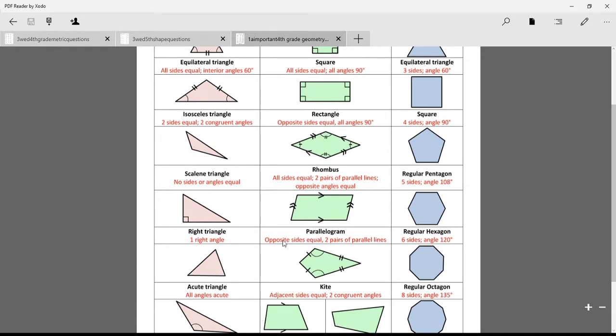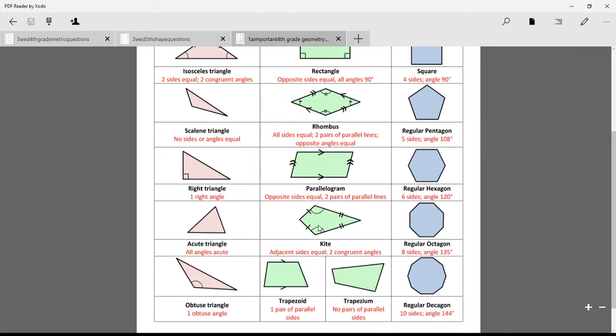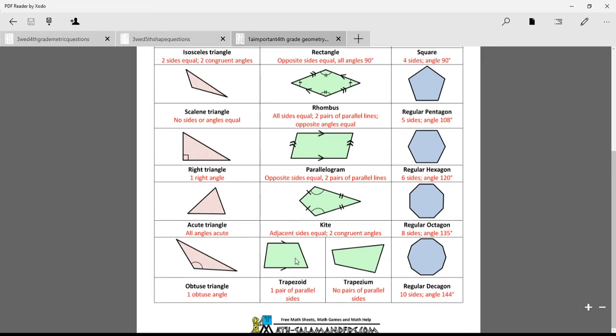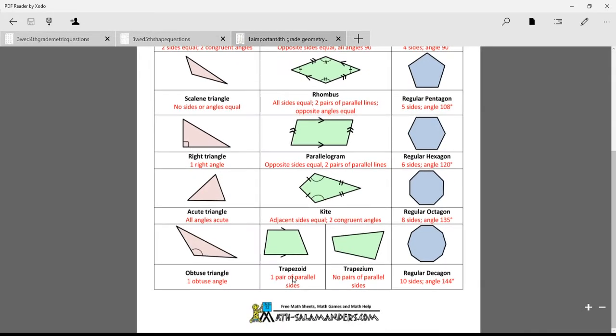A parallelogram, opposite sides are equal, two parallel lines. A kite has adjacent sides that are equal, so adjacent means the ones that are next to each other, and two congruent angles. A trapezoid is any quadrilateral with one pair of parallel sides, and then a trapezium has no pairs of parallel sides.